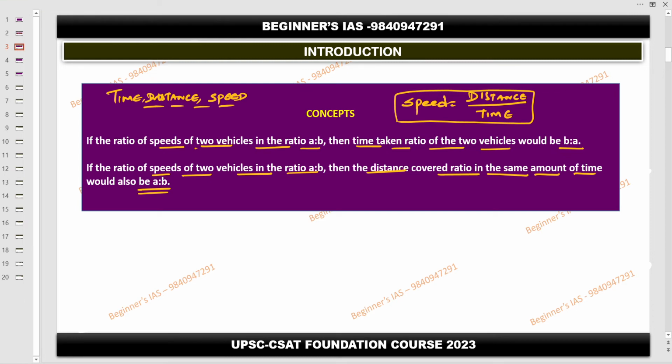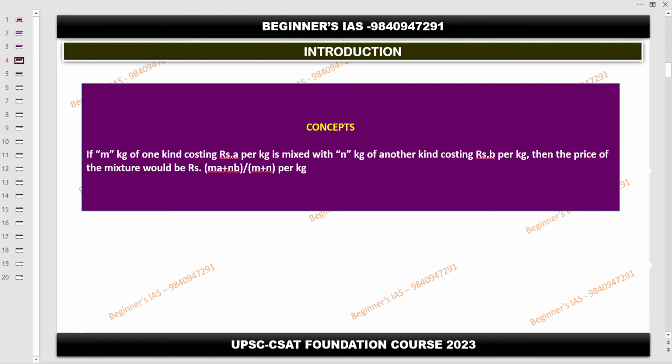Next we need to check this one. This is the average weight concept. This already people know. If m kg of one kind costing rupees A per kg is mixed with n kg of another kind at rupees B per kg, then the price of the mixture would be (ma plus nb) by (m plus n).